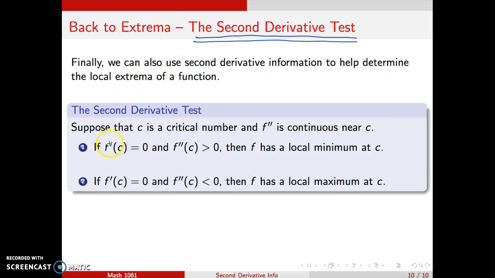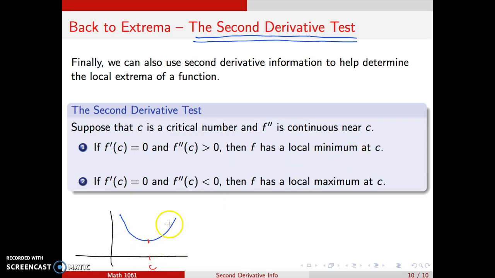So the second derivative test says, suppose we've got a critical number c and the second derivative is continuous near c. If the first derivative is 0, so that just means a critical number of a certain type, and the second derivative is positive, then you've got a local minimum. What that looks like is, imagine the second derivative is positive, so it's concave up, and there's my value c.